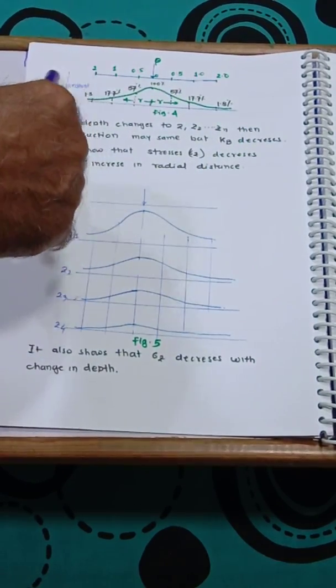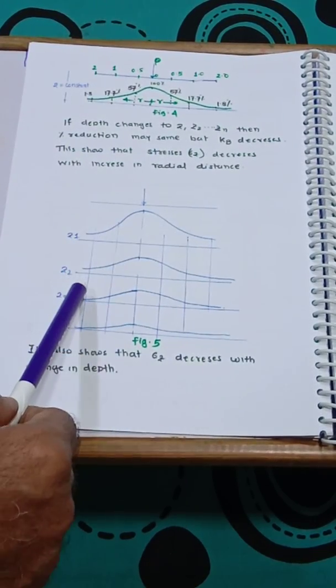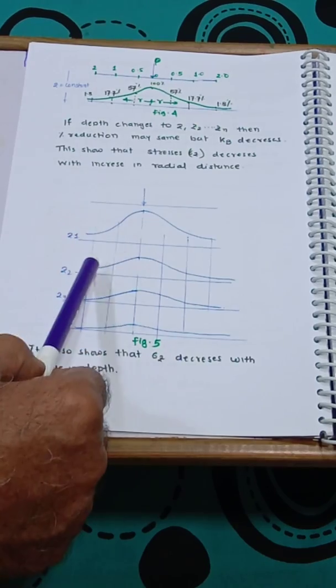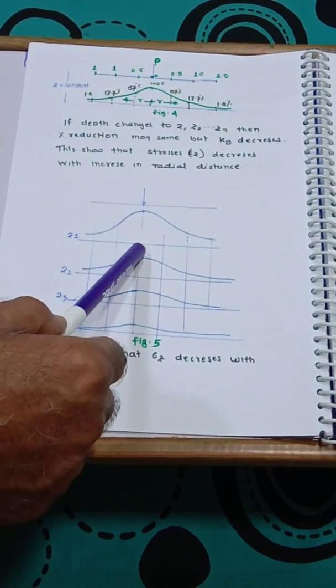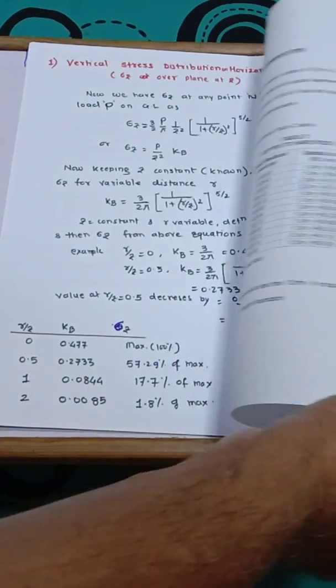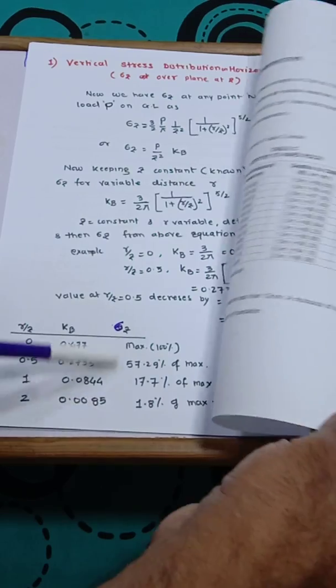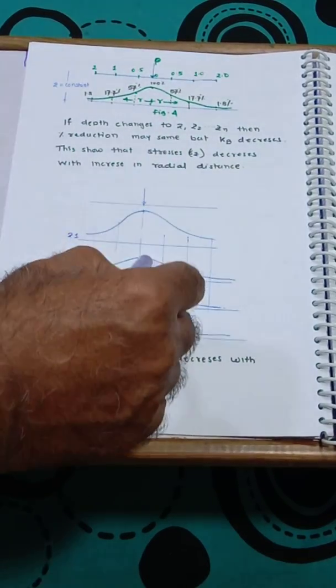Now if I change this z and take different constant depths z1, z2, z3, z4, what you'll find is that the Kb value, which we earlier got in the table, will decrease if I increase the depth.